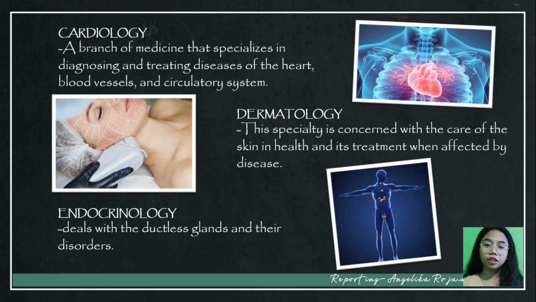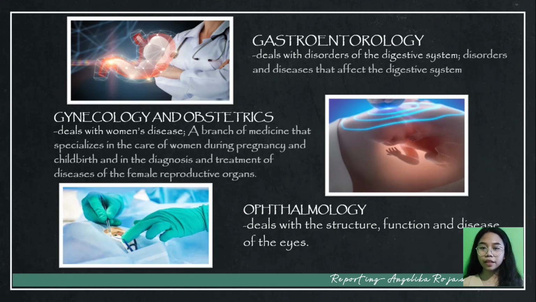Endocrinology. Endocrinology is a branch of medicine that deals with the endocrine system, which controls the hormones in our body, and an endocrinologist is a physician. Gastroenterology. A gastroenterologist is a specialist with expertise in the disorders and diseases that affect the digestive system.